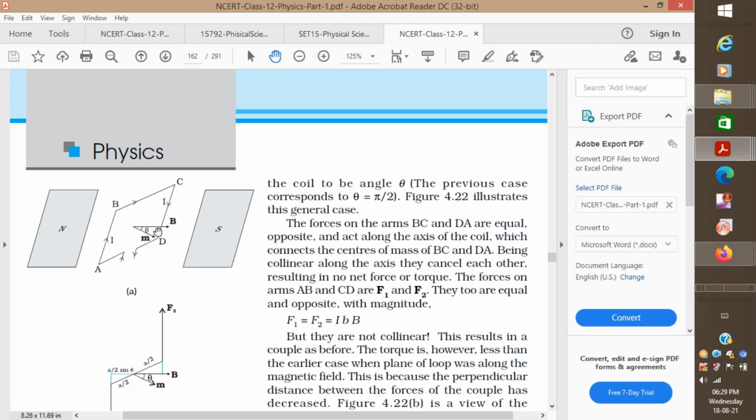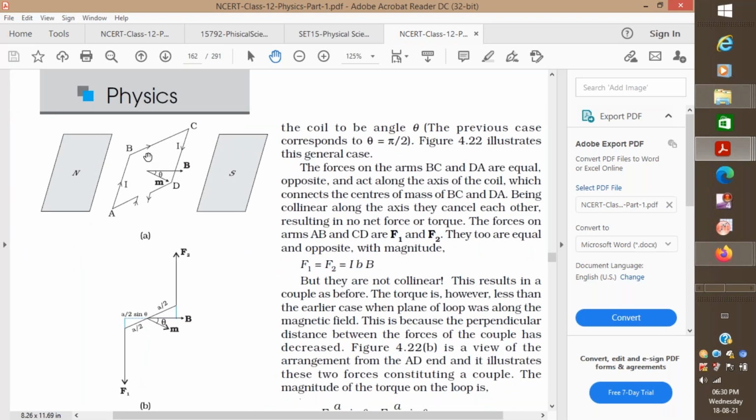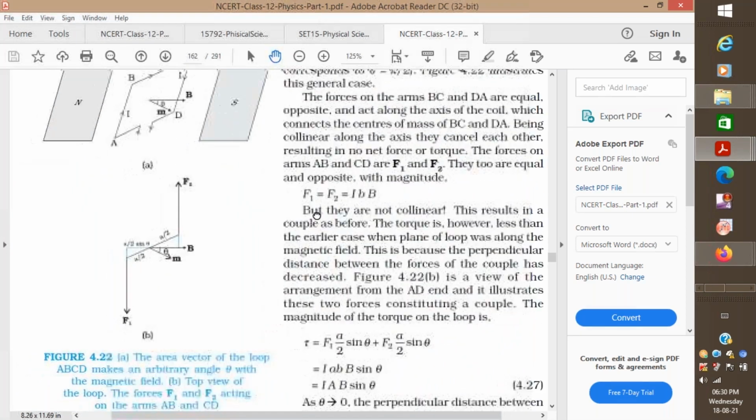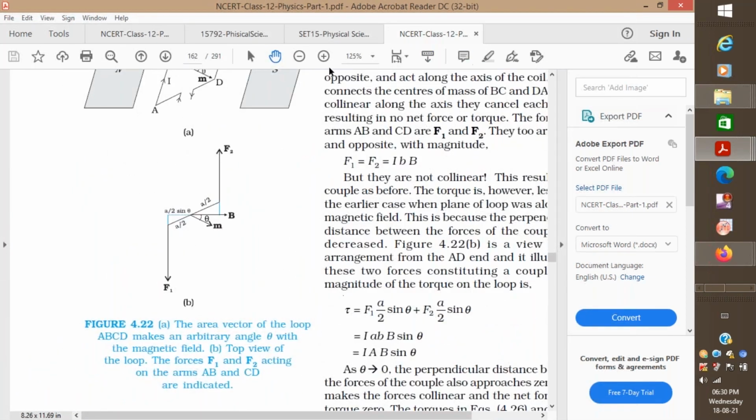As I told you, there is a new term now, magnetic moment, and that magnetic moment is actually a vector. That vector has the direction of the area vector of any loop, that is along the direction of the outward normal to the loop area.